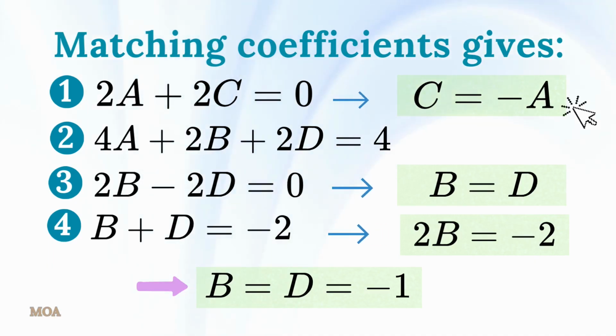The first one shows that the constant c equals negative a. The third relation gives b equals d. And by replacing b equals d in the fourth relation, we obtain b equals d equals negative 1.